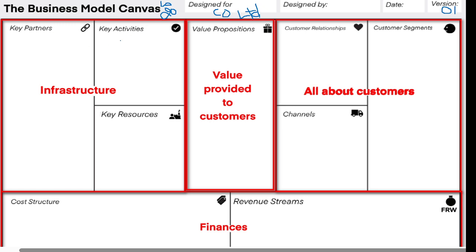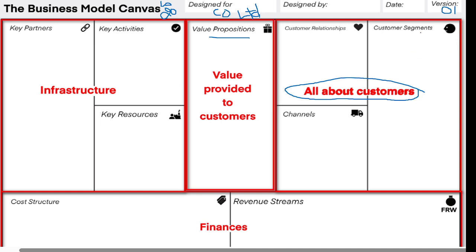On the left section, the section of infrastructure, we have key partners, key activities, key resources, and we have the central part, which is the value proposition. Then we have the right side, which is reserved for customers.